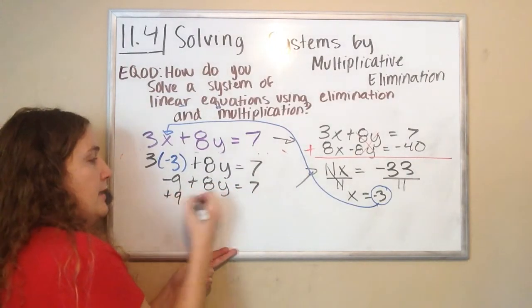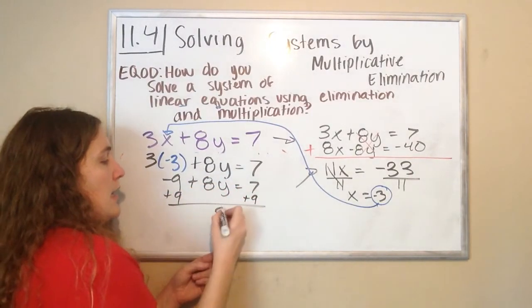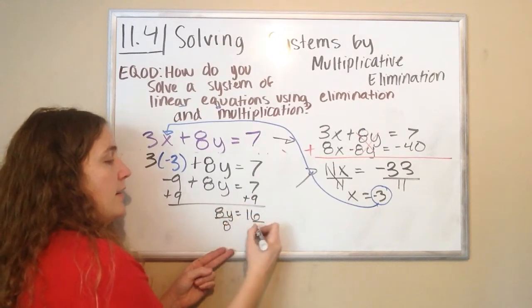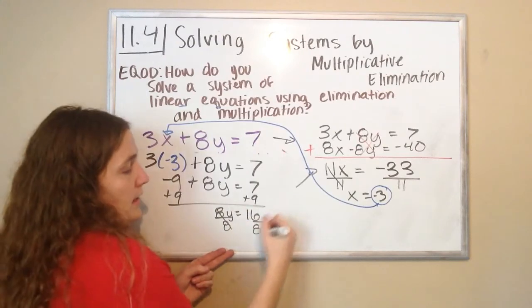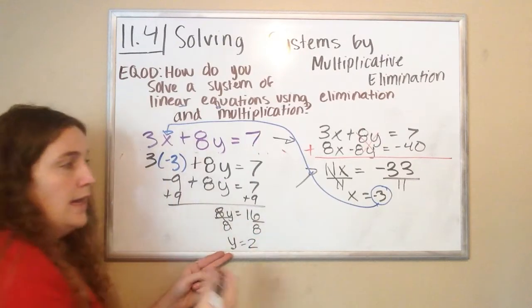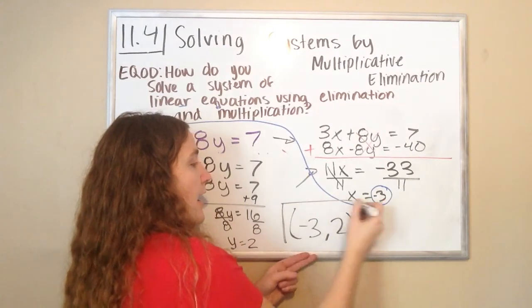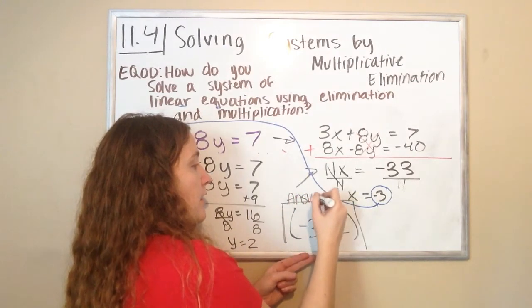And we add 9 to both sides. 8y is equal to 16. Divide by 8. Y is equal to 2. Now we have enough to write our answer of negative 3, 2. And that is our answer.